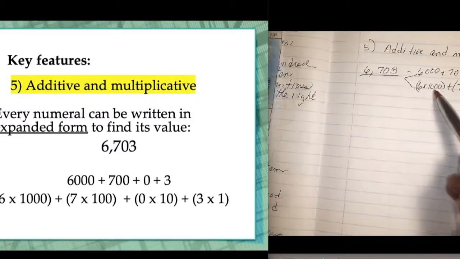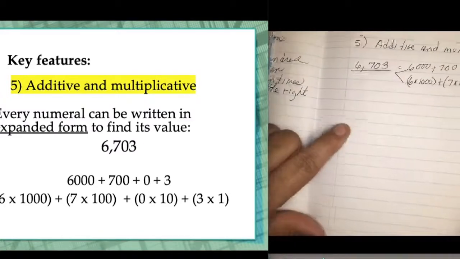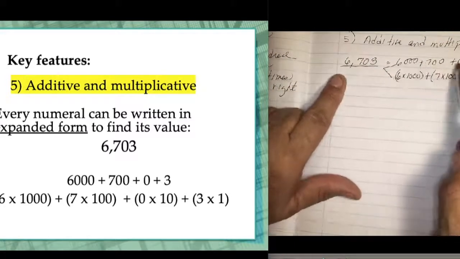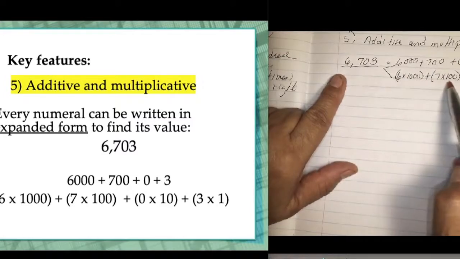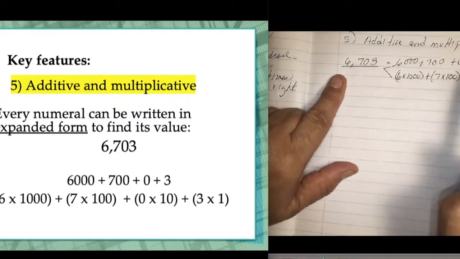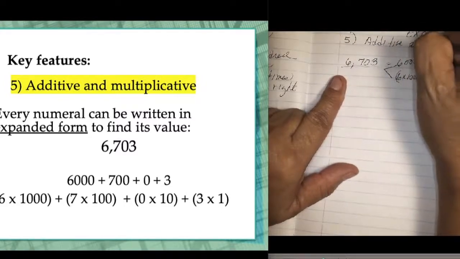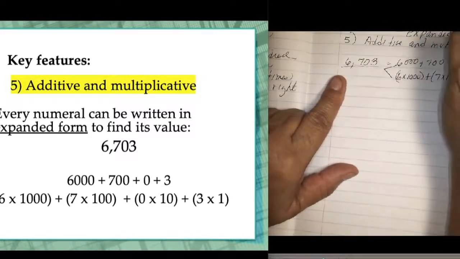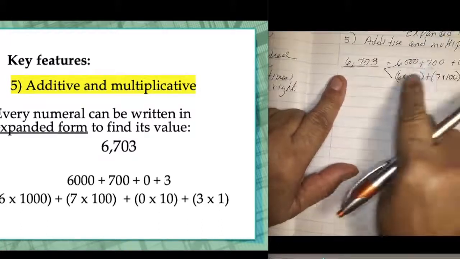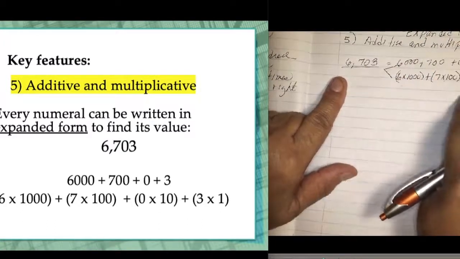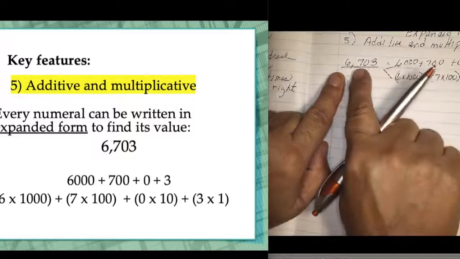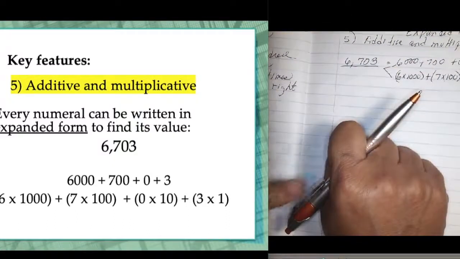Notice how we're writing it with a multiplication. So this is the additive form, and this is the multiplicative form of expanded form. Let's write that down. Expanded form. So this helps us to determine the value of each digit that makes up that numeral.